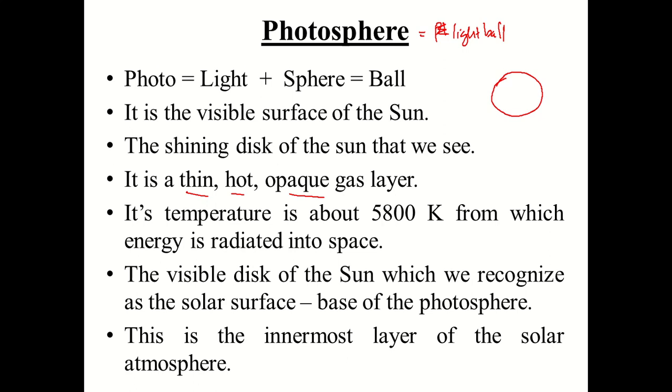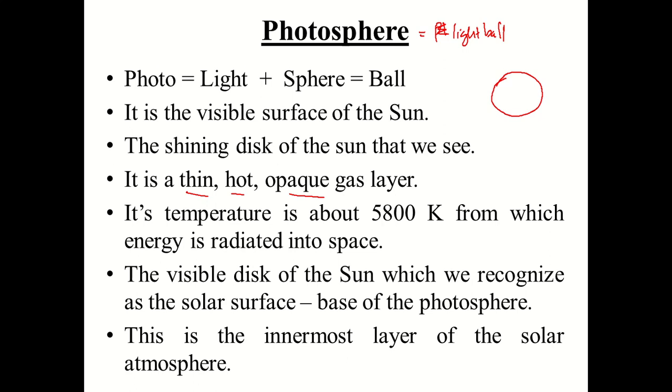That means we cannot see whatever is inside this photosphere. So the transparency of this layer is nil. That's why it is called an opaque gas layer. That means we cannot see through this layer.